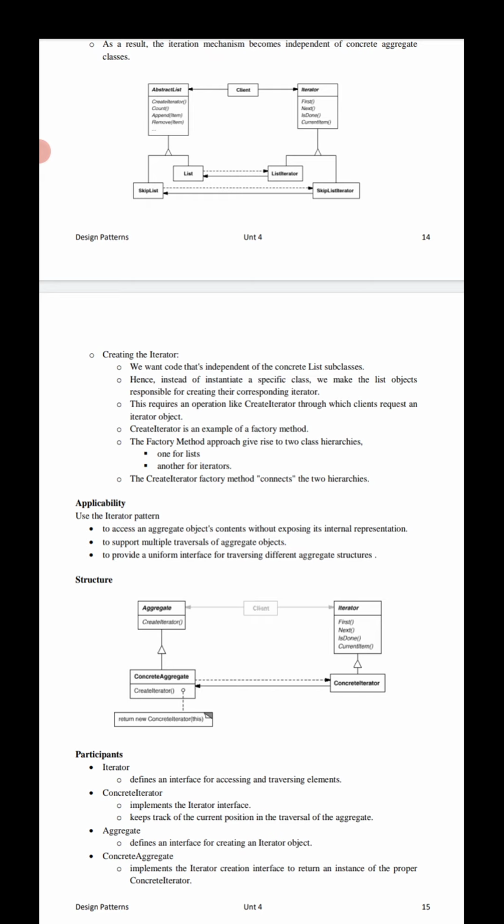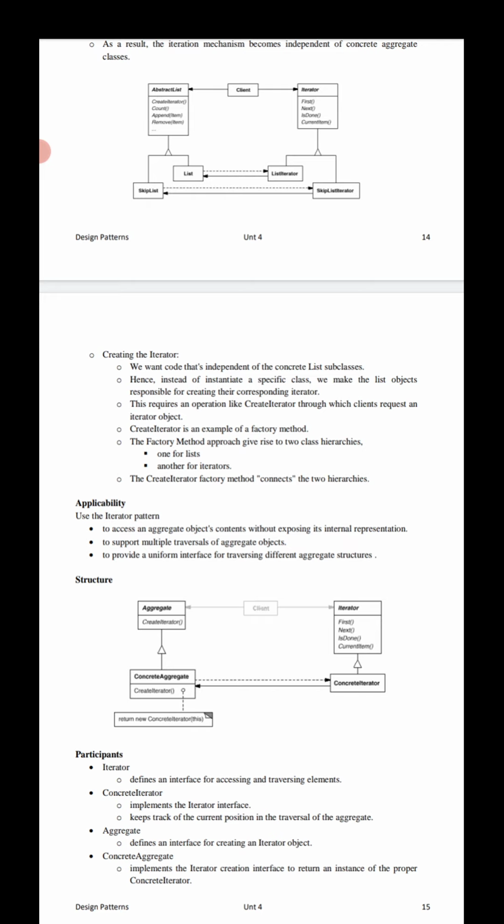Okay, so here create iterator is a good example of the factory method design pattern. Look at this: the client asks a list object for the appropriate, in the sense suitable, iterator. The factory method approach gives rise to two class hierarchies.